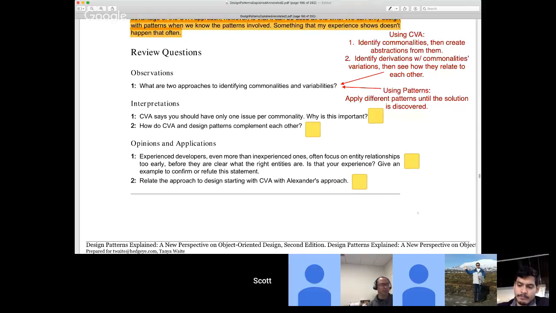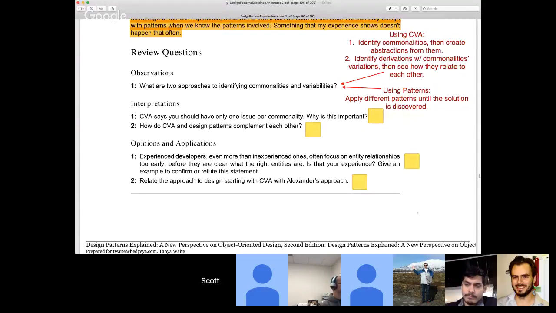I think partly it is because there's a lot of variables in architecture, and it's pretty easy to fall into applying patterns too early, and you lose the opportunity to get something better. So he hits the CVA pretty hard.